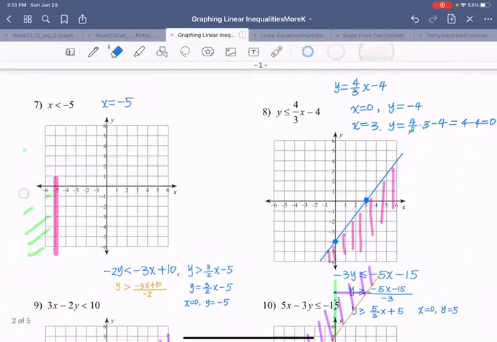Let me just make sure. Ethan, how do I draw this one? I think it's a vertical line. Yes. I think you draw a line like that. Yeah, past there, yes? Okay, I draw a line over here.